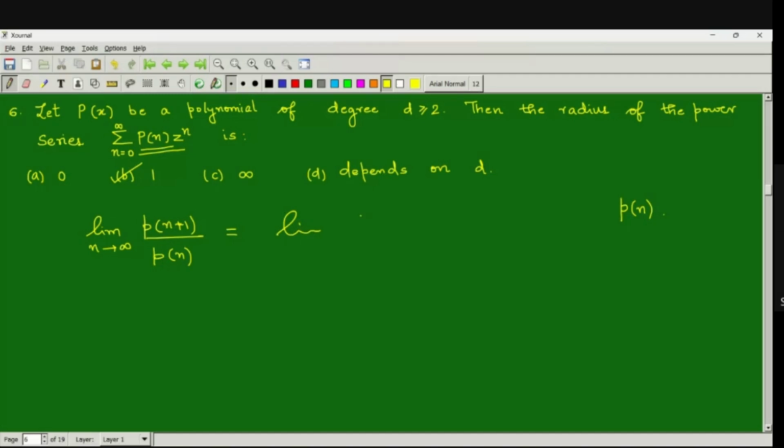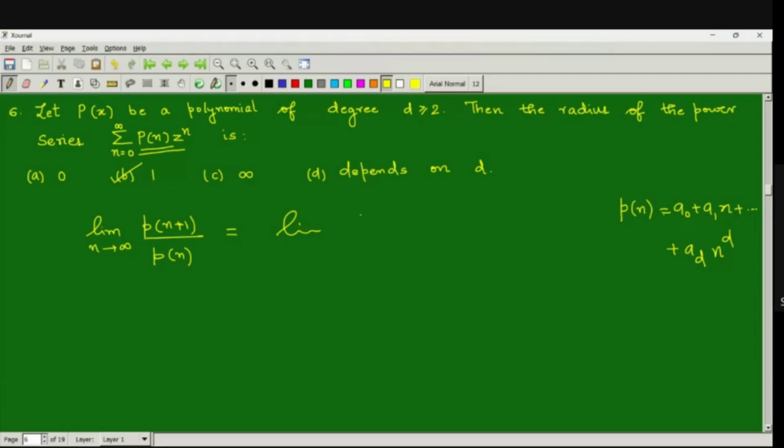Say let this be a0 plus a1 x. I will write it in terms of n itself: a_d n power d, because it's of degree d.